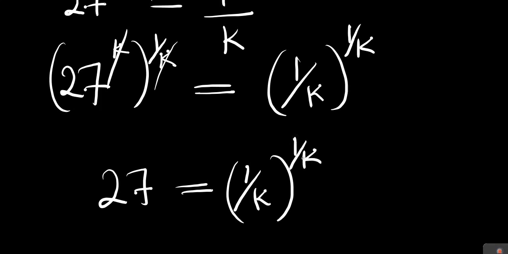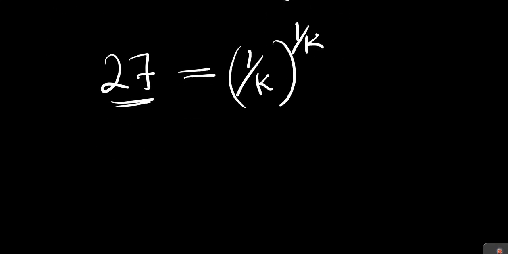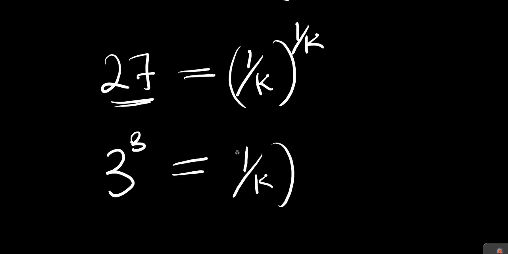Now we need to express 27 in this form. So we can write 27 as 3 to the power of 3, which is now equal to 1 over k power 1 over k. So what we have here is exactly what we have here, and what we have here is exactly what we have here.